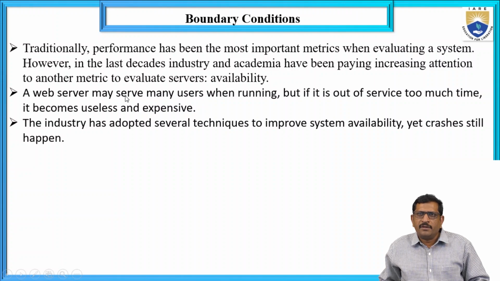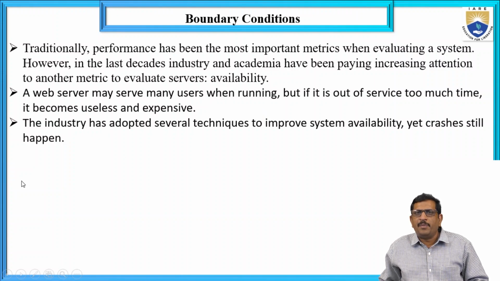A web server may serve many users when running, but if it is out of service too much of the time, it becomes useless and expensive. Industries and organizations have adopted several techniques to improve system availability.